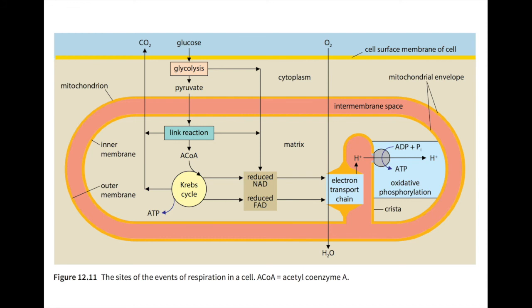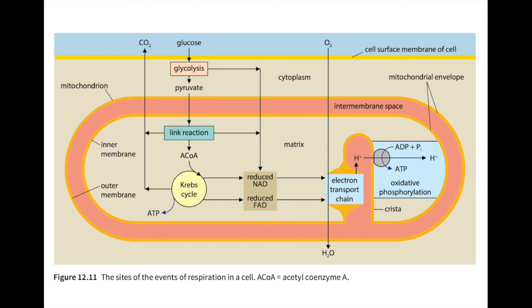Okay, first, what's happening? This is respiration, how it's happening. We've got glucose that comes into the cell, in the cytoplasm, and this is where glycolysis takes place. And we've got the end product pyruvate. Then pyruvate is being transferred into the matrix of the mitochondria, and through the link reaction it gives us some CO2, and the most important, the pyruvate is being combined with coenzyme A to give us acetyl-CoA.